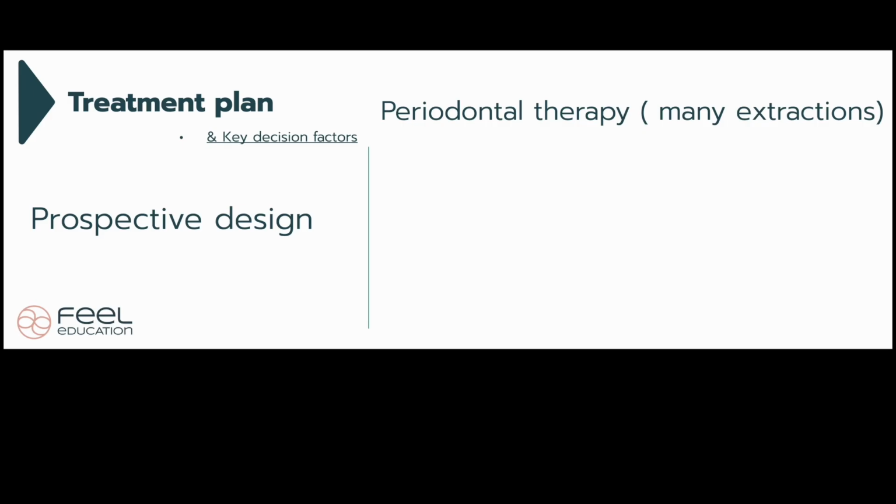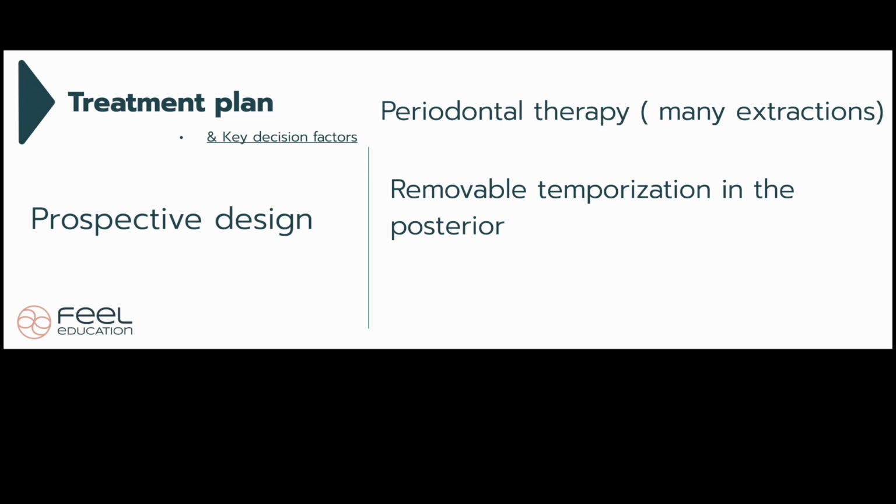And then we go for the treatment, thinking about the treatment based on the data we have been collecting until this point. Now we can make our thinking. We will go for the periodontal therapy for sure, with many extractions, but trying to save as many as we can.